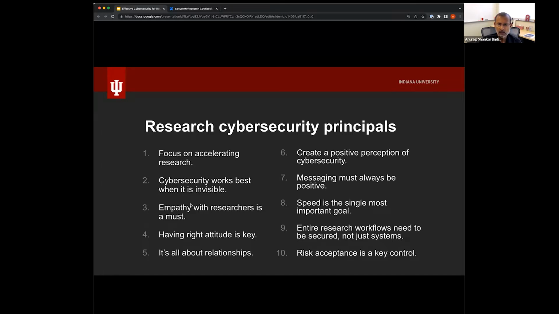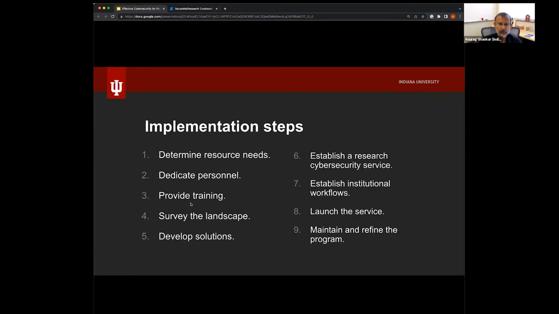Number 10 is slightly unusual, perhaps. I think of research risk acceptance as a control. It's the most important control, as a matter of fact, because the biggest risk to research is that the research does not get done. Therefore, often in order to make sure the research gets done, you have to accept risk at the cost of cybersecurity. And that is just how it's going to be. So you have to use it as a control sometimes.